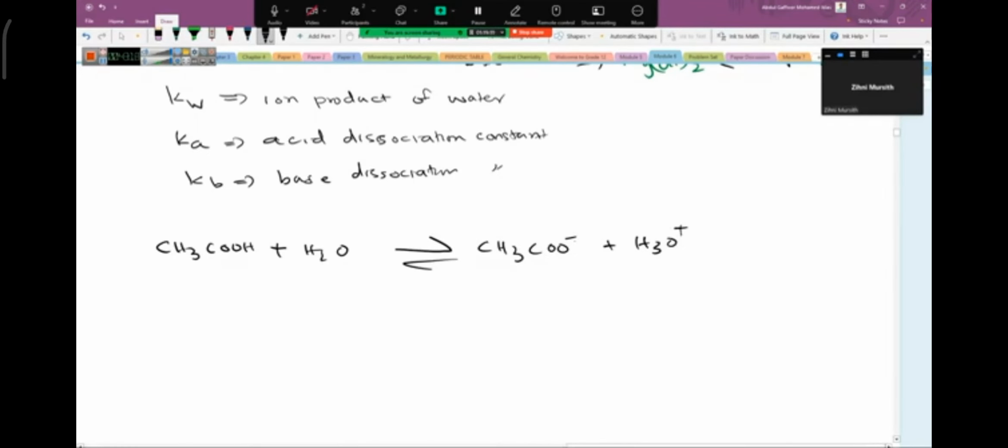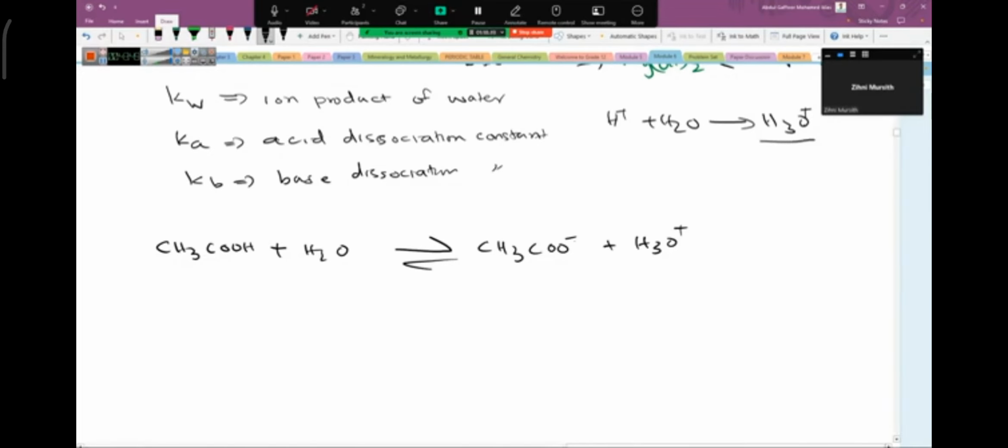Why are we putting H3O plus? This is protonated water. Since we add water, one water will be protonated, because H plus and H2O will become H3O plus. How? In H2O we have two pairs of unpaired electrons, so one pair will make a bond with this H plus and become H3O plus.